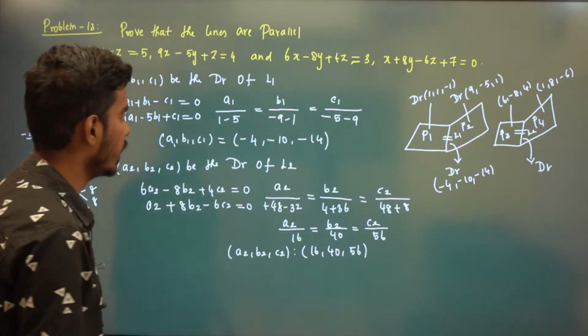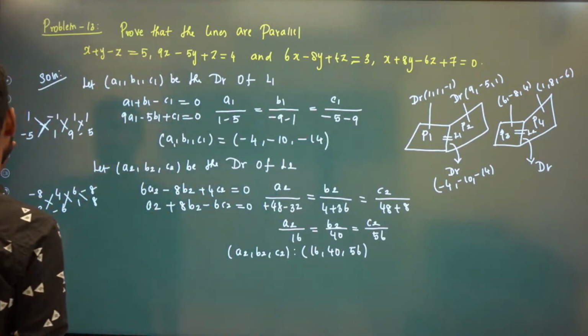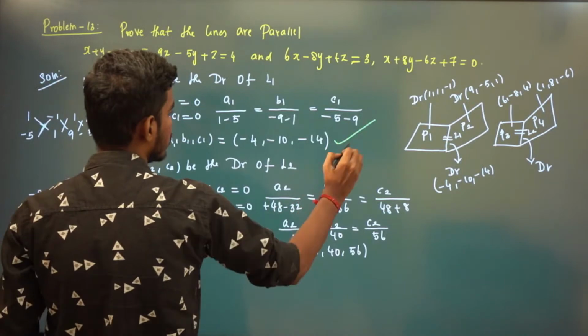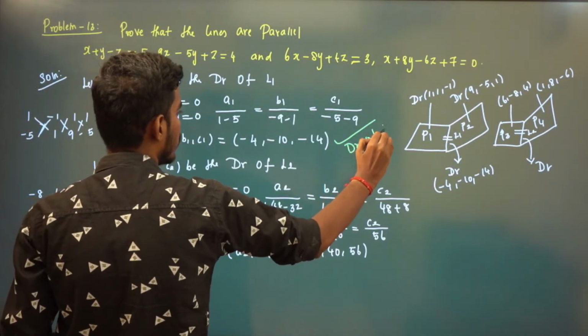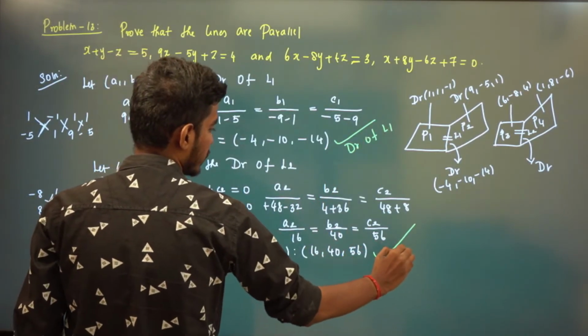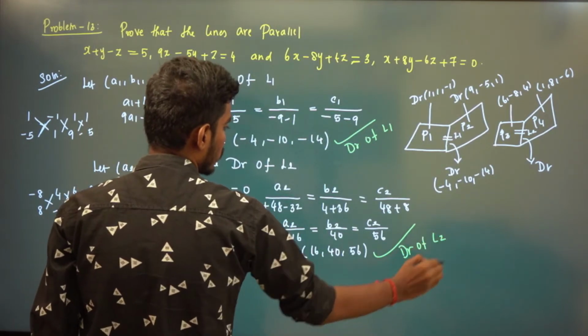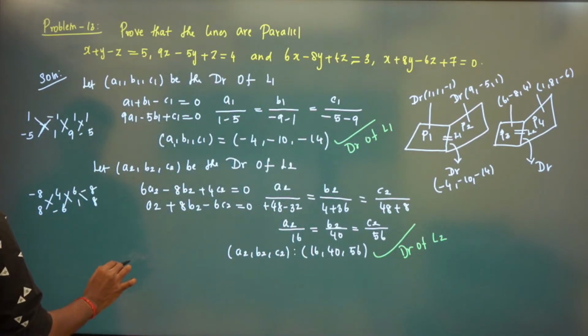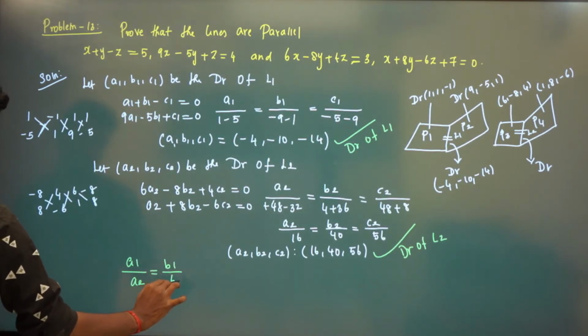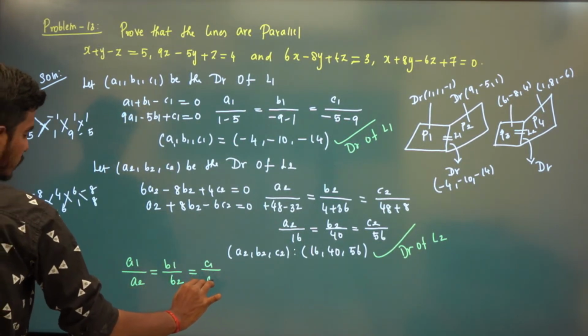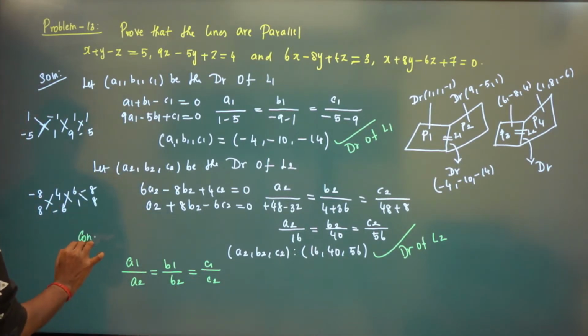Right? So we know the direction ratio of L1 and the direction ratio of L2. This is the direction ratio of L1 and this is the direction ratio of L2. So just apply the condition of parallelism. A1 by A2 has to be equal to B1 by B2, which has to be equal to C1 by C2. This is the condition for parallel.